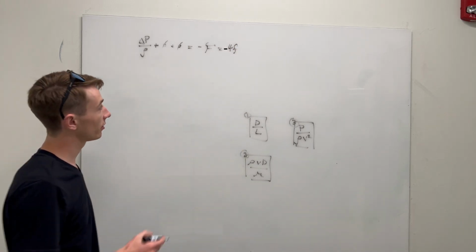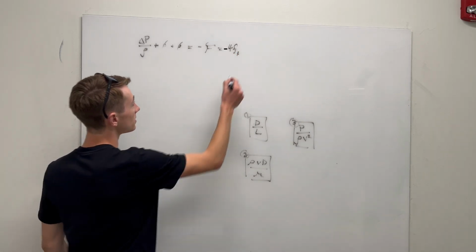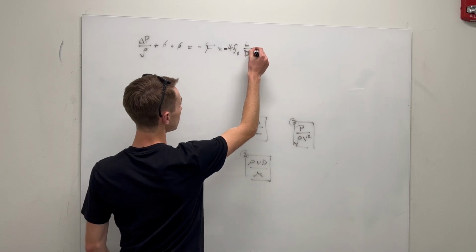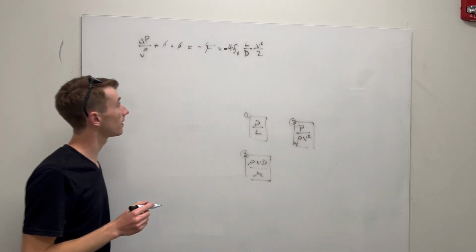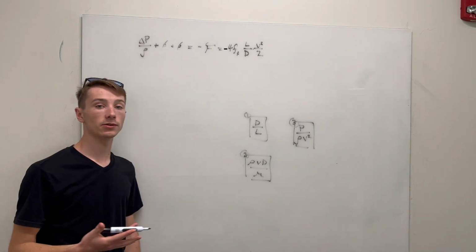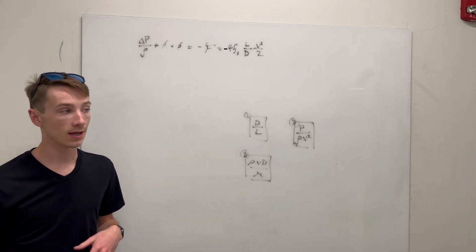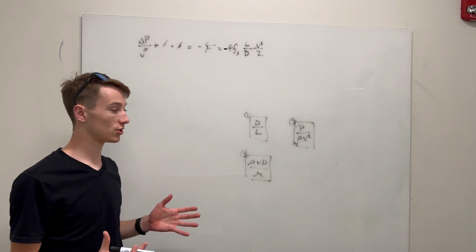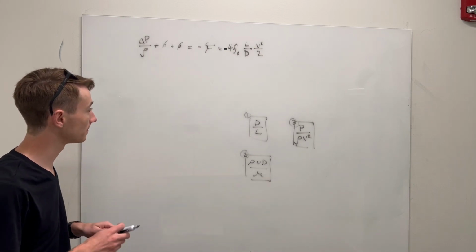This is the fanning friction factor. I'll go over that in just a second. Fanning friction factor times L over D times V squared over 2. Okay? And I'm going to show you now with the dimensionless groups we just found as a relationship of those 6 variables that this Bernoulli's equation is literally just a bunch of these dimensionless groups thrown at each other. And that's why this equation works, okay?